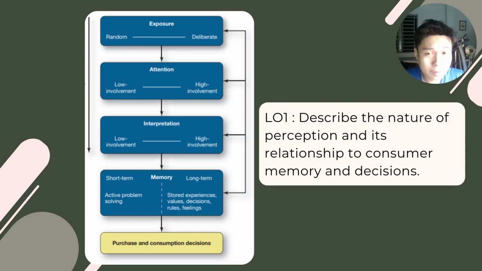The figure shows a helpful information processing model with four major processes or stages: exposure, attention, interpretation, and memory. The first three of these are perception. The process of information reception does not occur in a linear flow, rather simultaneously and interactively.